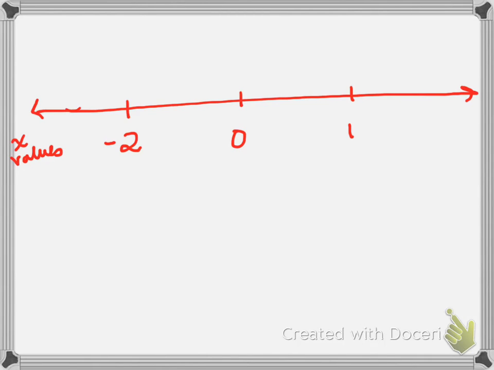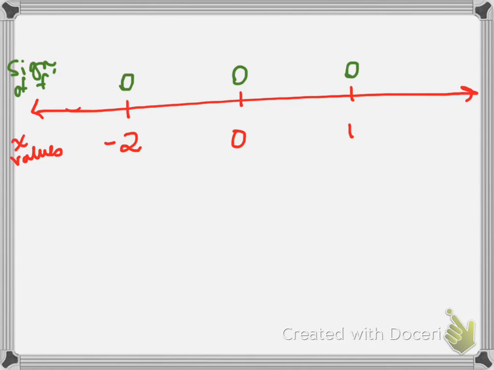And on the top, I want to indicate the sign of the derivative. I know, of course, at negative 2, 0, and 1, the first derivative is 0. And now I need to recognize that in the intervals that these three numbers break the number line into, so there's 4, 1, 2, 3, 4, the sign of the first derivative is all going to be the same.